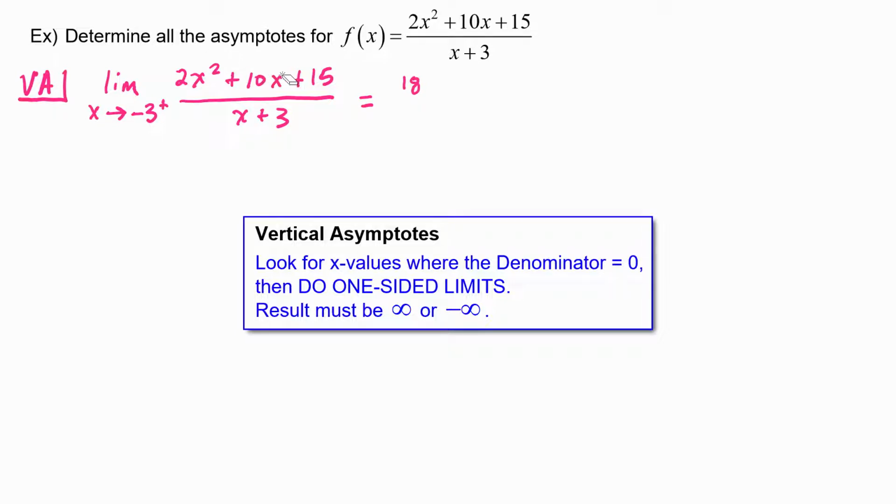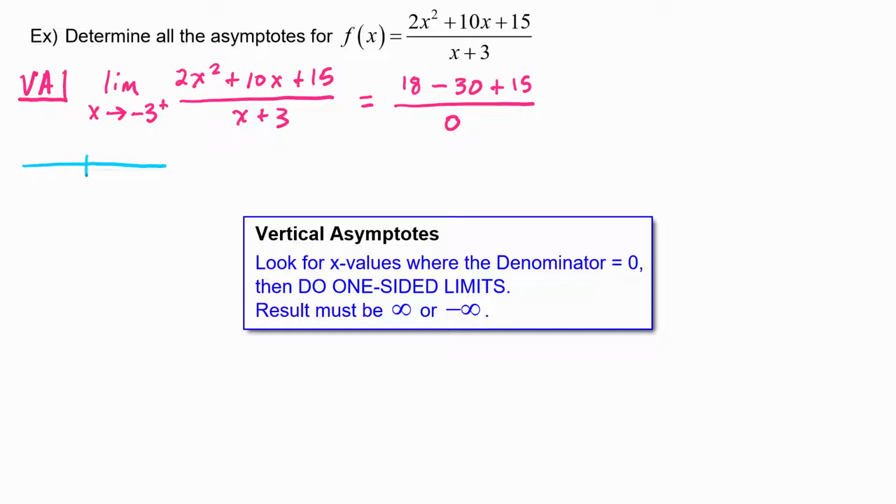Then we have 10 times -3, which would be -30. And then we have to add 15. In the denominator, of course, we have 0, but because this is a one-sided limit, we have to decide whether this is 0 plus or 0 minus.